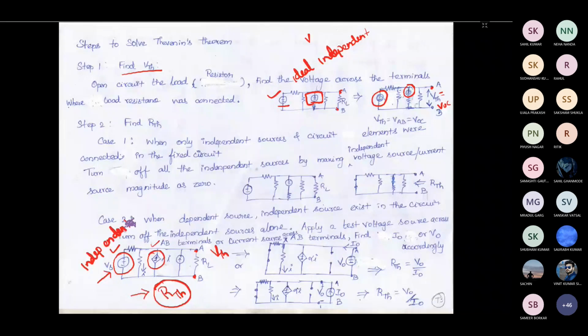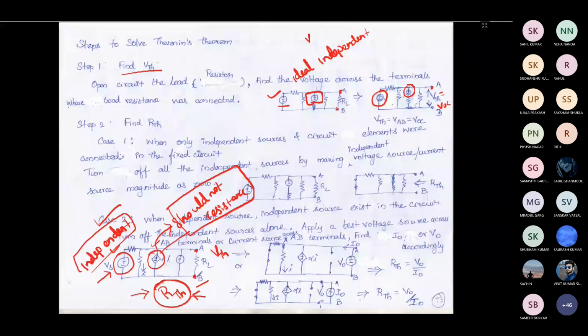I repeat, for an independent source, you should replace it with its internal resistance, whereas for a dependent source, you should not replace it with its internal resistance when you are finding the R Thevenin or R equivalent. Dependent source, again I repeat, you should not replace, and for an independent source, you should replace it with its internal resistance when you are finding the R Thevenin or R equivalent.